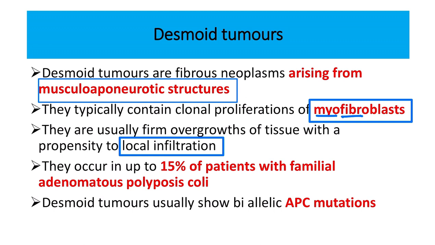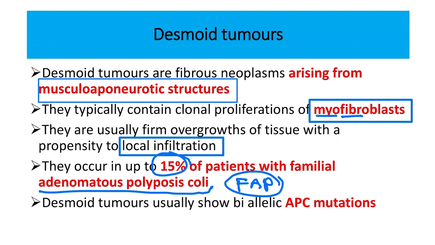That means it arises in the musculoaponeurotic portion of the rectus abdominis muscle, rapidly grows, and invades and infiltrates surrounding structures. They account for 15% of familial adenomatous polyposis coli. So this point is very important, that it is associated with FAP, about 15%, which is a larger amount.